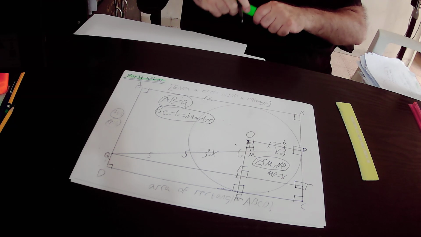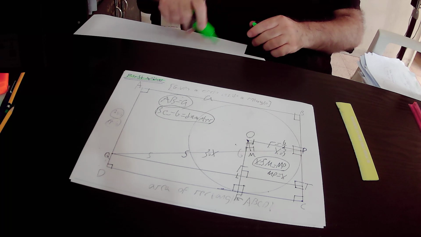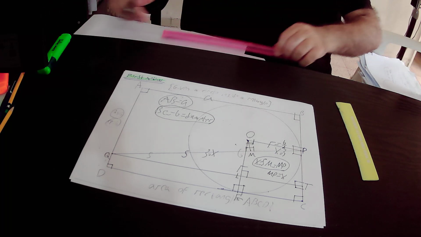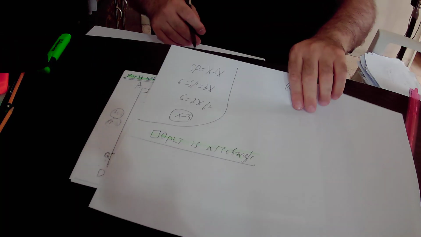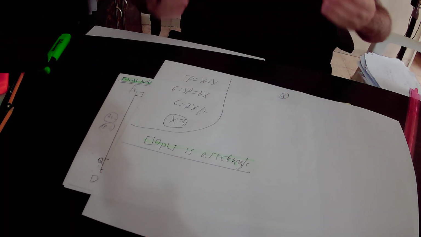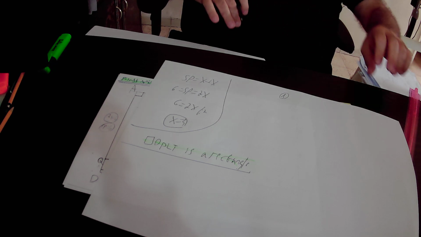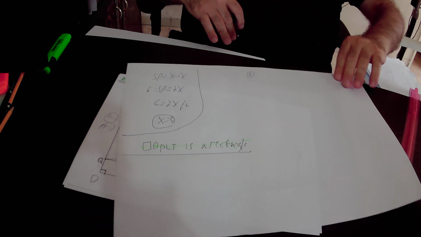Quadrilateral QPLT is a rectangle, and we know that the opposite sides of a rectangle are parallel to each other.